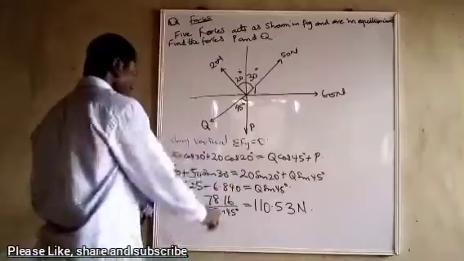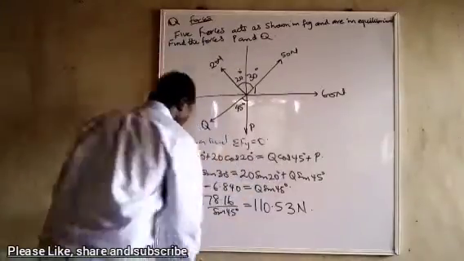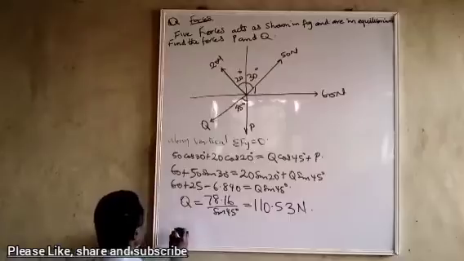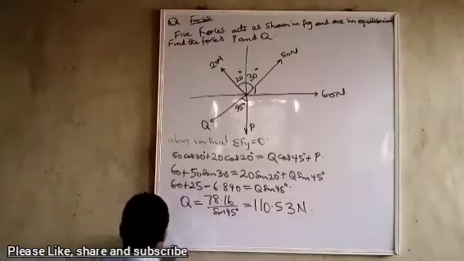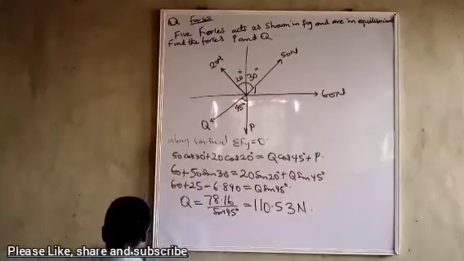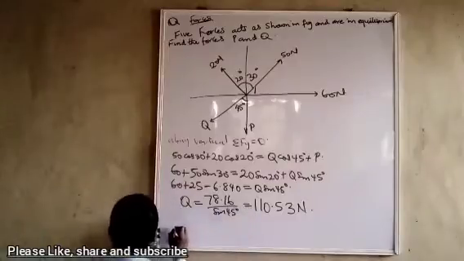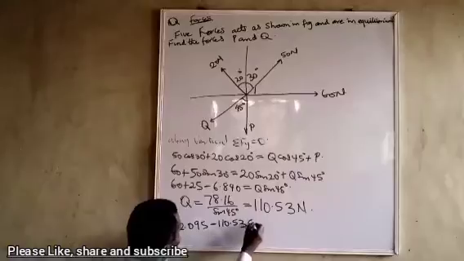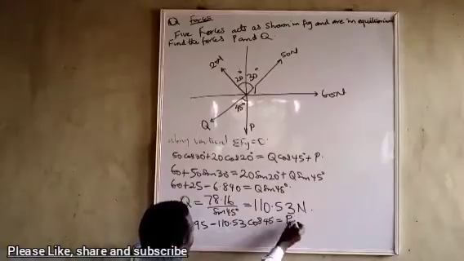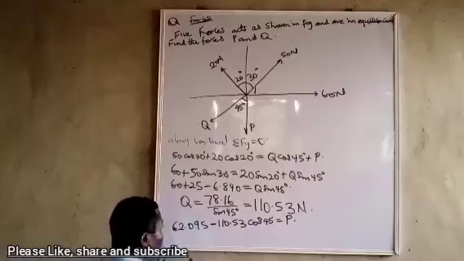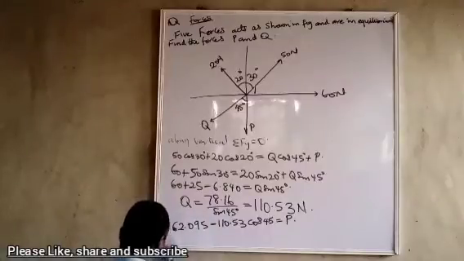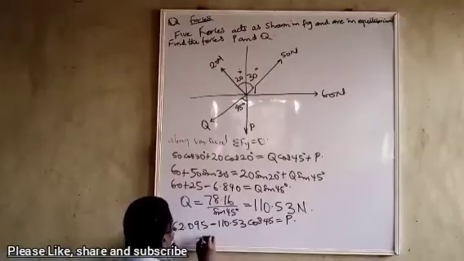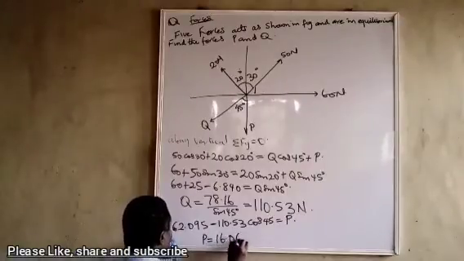Now let's find P. I have to substitute Q in this first equation. Therefore, 50 cos 30 plus 20 cos 20, that is 62.095, minus 110.53 cos 45 is equal to P. So P will be minus 16.06 Newton.